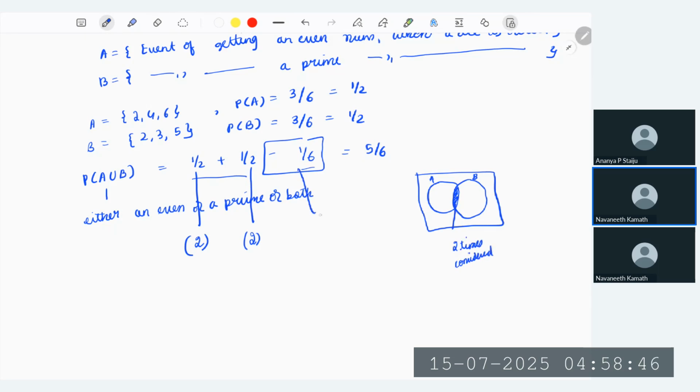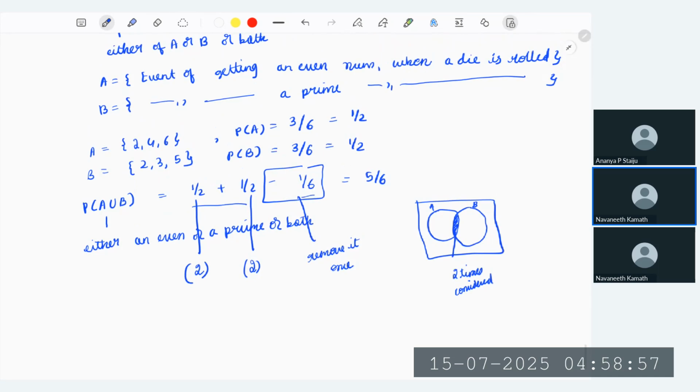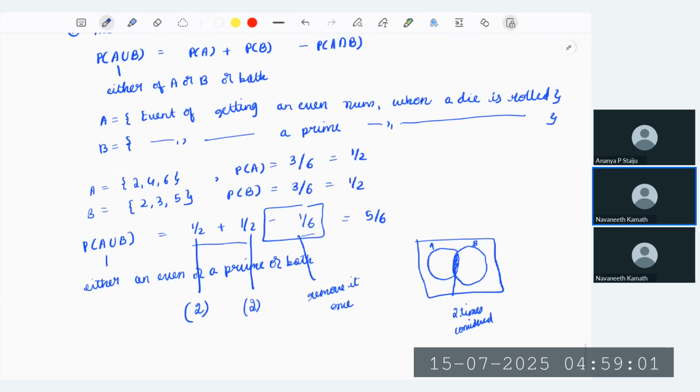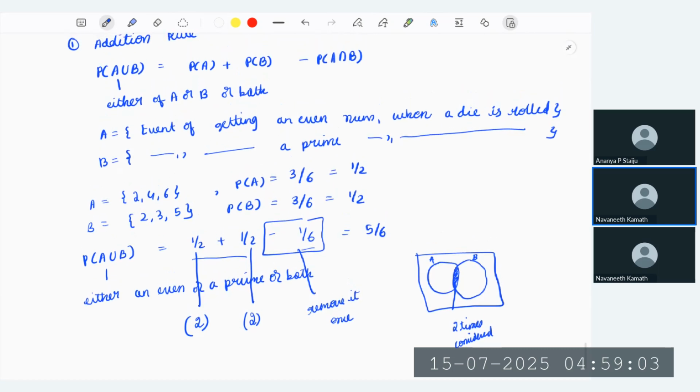That's why I'm removing that once. That's why we are subtracting that. Either of the events, that is the union operation.